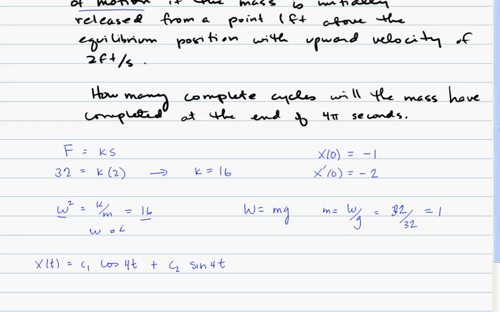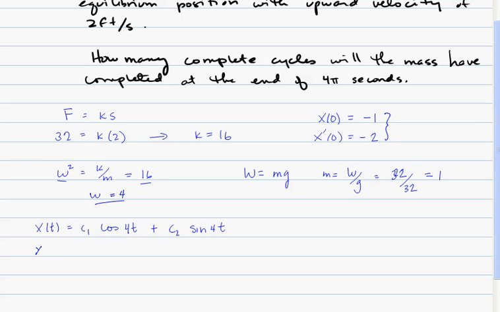Omega is 4 in this case. Okay? Now we can use these initial conditions to find c1 and c2. So first let me go ahead and find x prime here, and I get minus 4c1 sine of 4t plus 4c2 cosine of 4t.